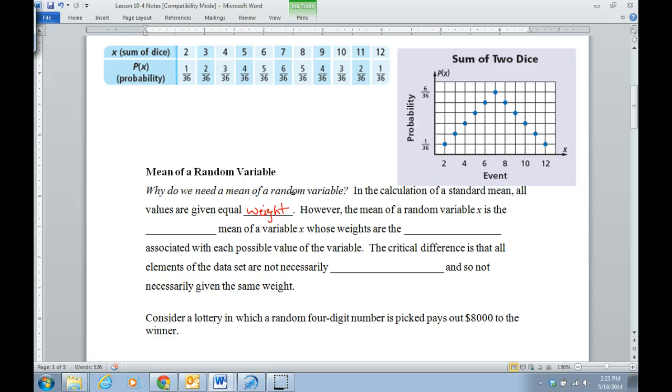However, the mean of a random variable x is the weighted mean of a variable x, whose weights are the probabilities associated with each possible value of the variable. The critical difference is that not all the elements of the data set are necessarily equally likely, and not necessarily given the same weight.